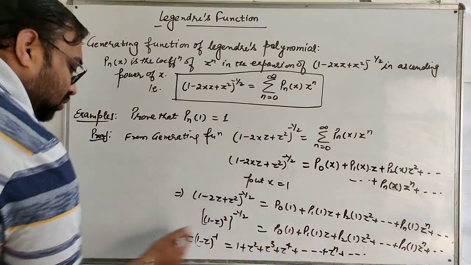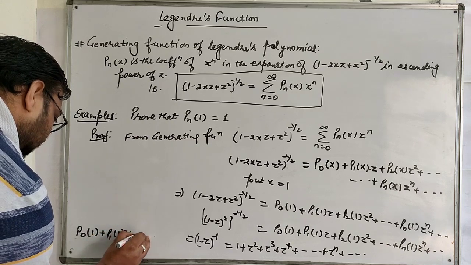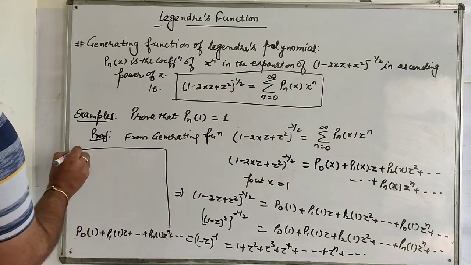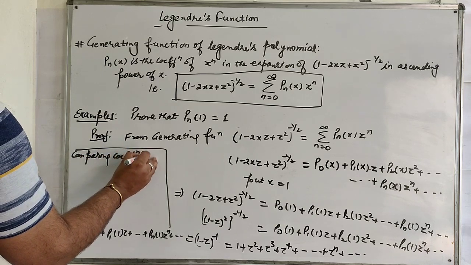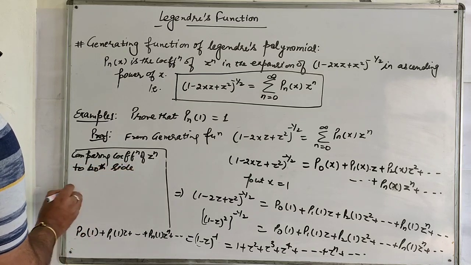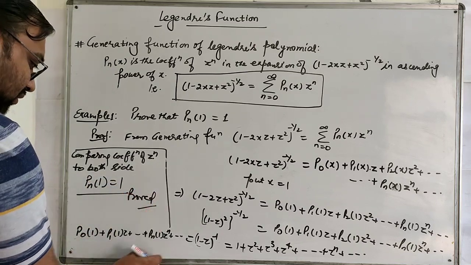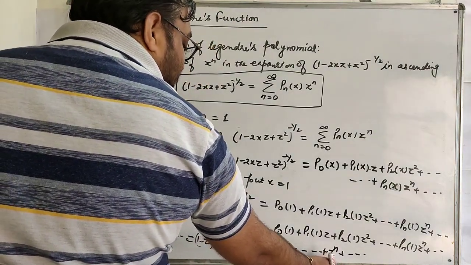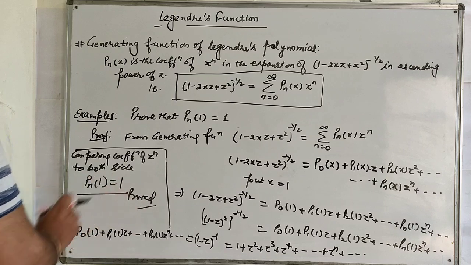And this is equal to P0(1) plus P1(1) z up to Pn(1) z raised to power n and so on. Now comparing the coefficient of z raised to power n on both sides, we get Pn(1) is equal to 1. That is proved. This is Pn(1) z raised to power n and this is z raised to power n. So the coefficient of z raised to power n is 1 here and the coefficient of z raised to power n here is Pn(1). So Pn(1) is equal to 1.